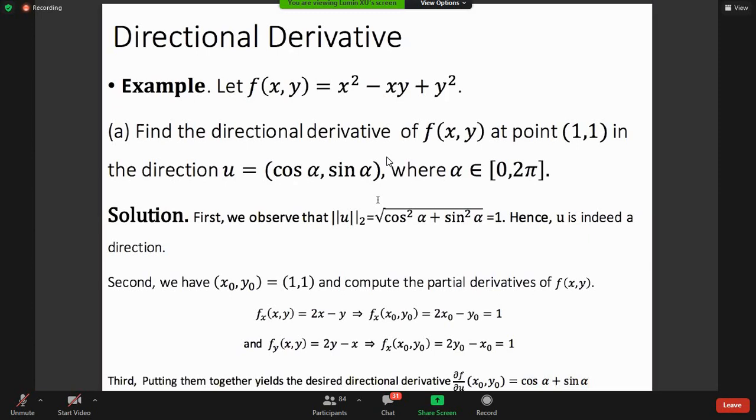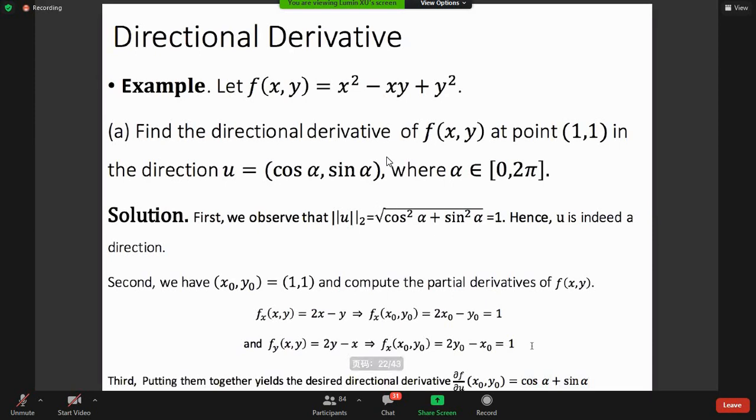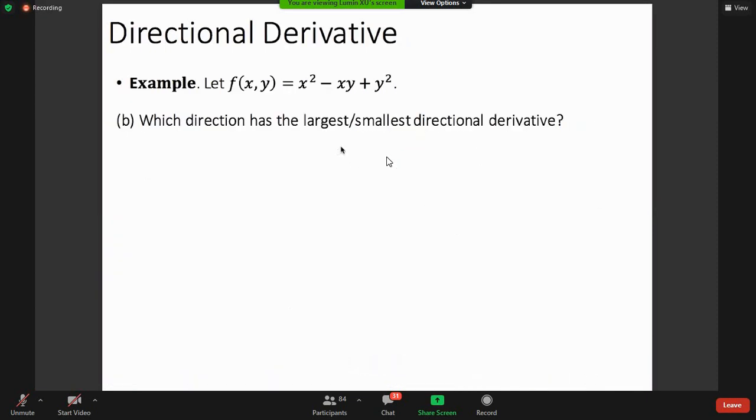And I think it's not very difficult. Now let's move on to question B. Now we have known the directional derivative like that. How can we decide the largest or smallest directional derivative?